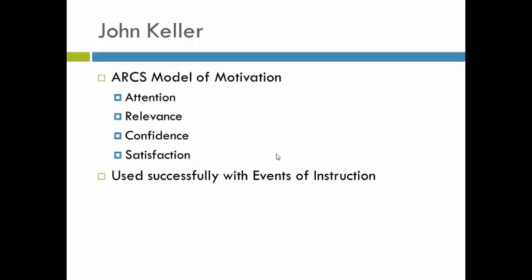Gagne and Keller are 2 theorists that have made contributions to our field, but they're certainly not alone. The commonality among instructional theories is that they guide the selection of instructional strategies and methods. So you can see with both Gagne and Keller that they are prescribing specific things that must occur and be included for instruction to be successful.